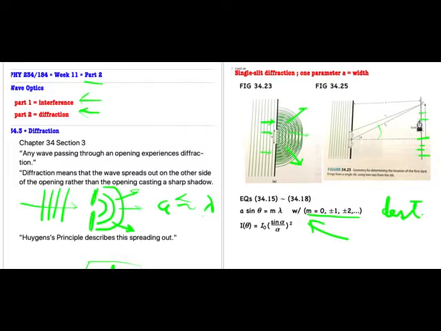But what if you wanted to know the intensity at every angle? Well, that's this equation. I think it's actually equation 17. So if you're asked to calculate the intensity at a particular angle, you would have to use this equation.